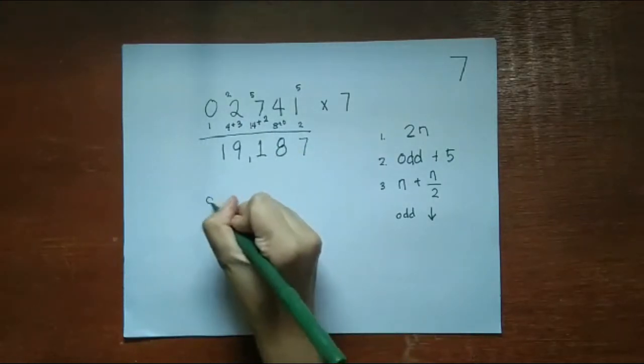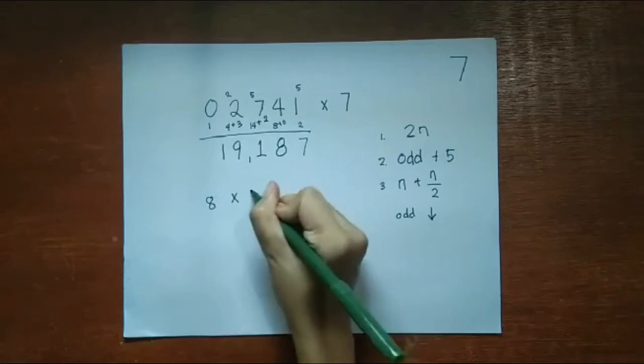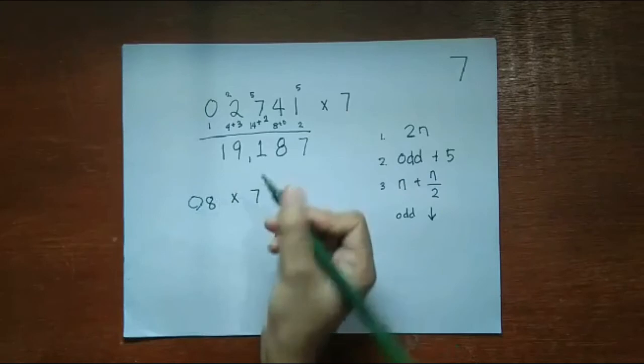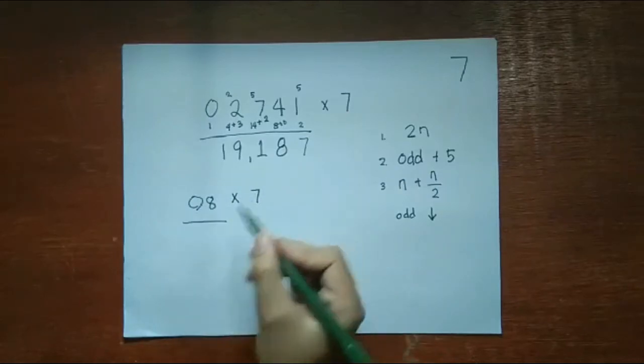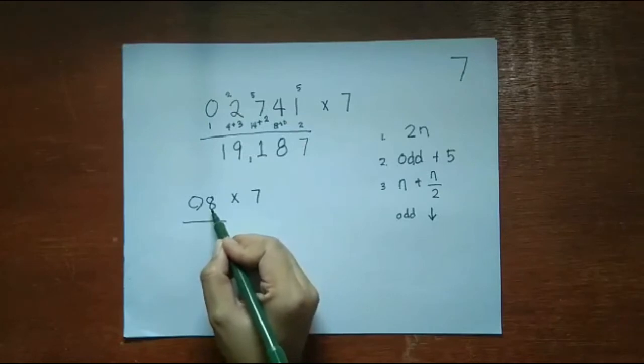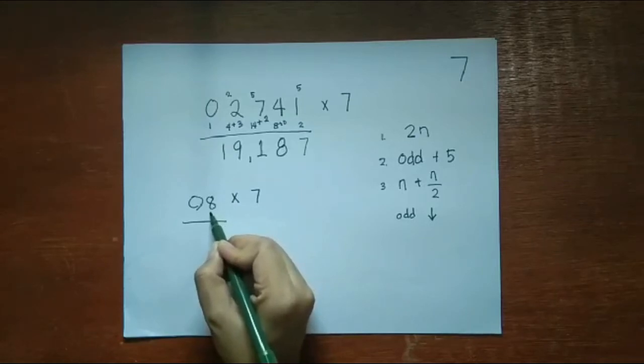Consider this, 8 times 7. First things first, add 0 on the leftmost side of the multiplicand, and then since it's not an odd number, we don't add 5 to it. We are going to bring this down, but first multiply it by 2. 8 times 2 is 16.